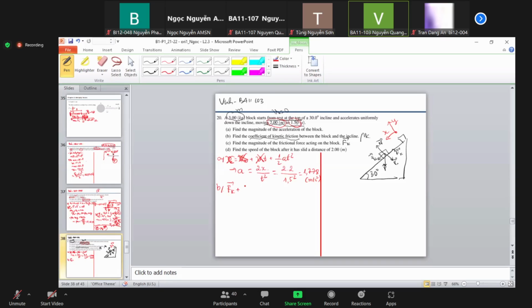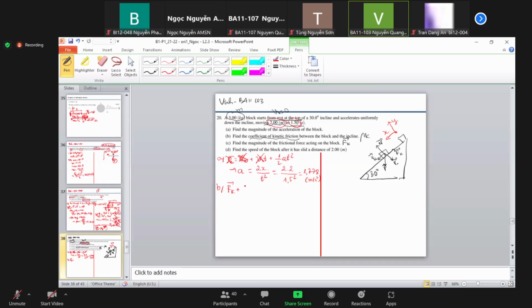So we consider the equation on Ox, we project the equation on Ox. And minus Fk, because it's opposite to the Ox direction.